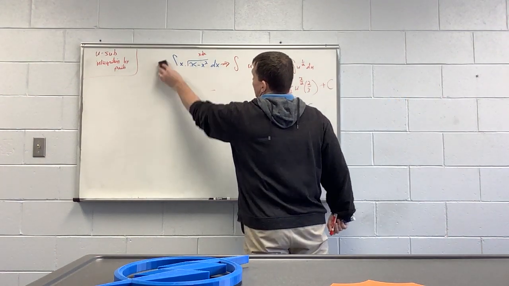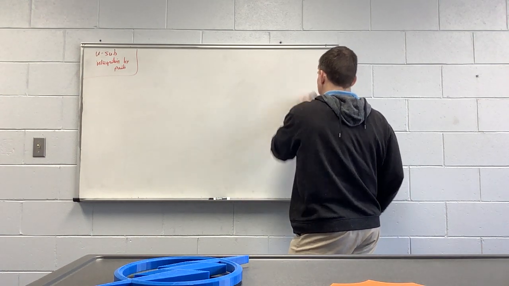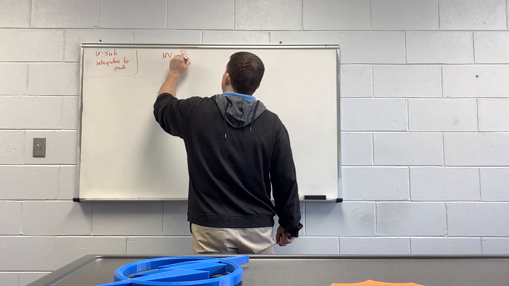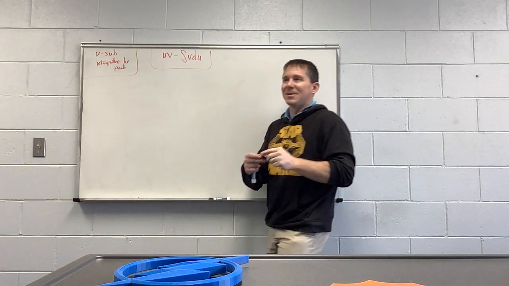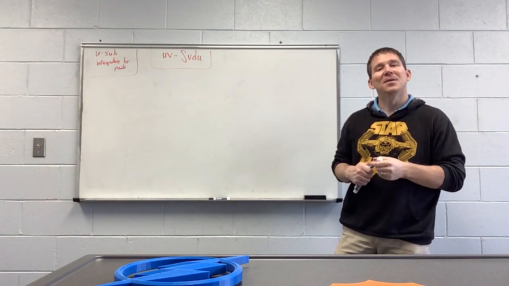Once you get through U substitution, you then generally go to integration by parts. All of you know the formula, uv minus the integral of v du. If you use different letters, I can't help you, because that's the way it was taught to me and it's the only way I can remember it.